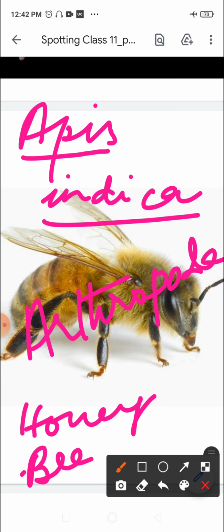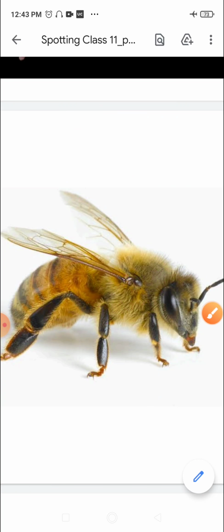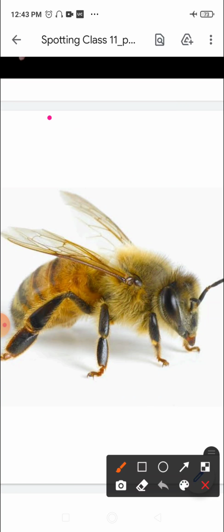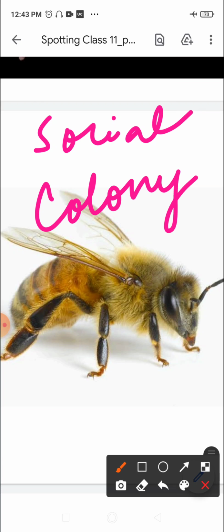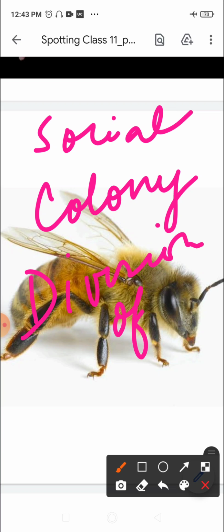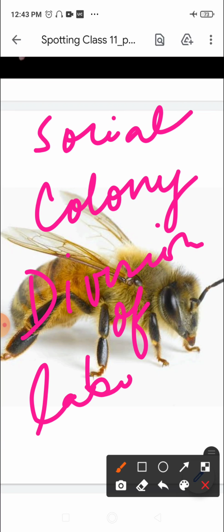The honeybee is a social insect, socially very active, and lives in a colony. They show division of labor.